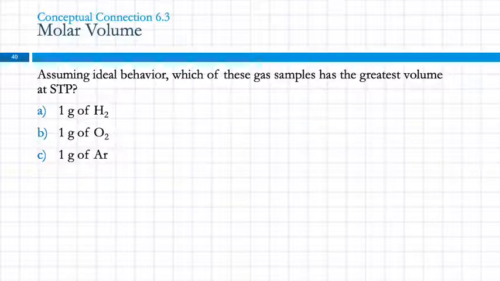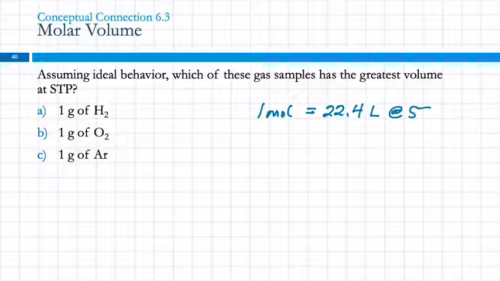Assuming ideal behavior, which of these gas samples has the greatest volume at STP? So we just learned that 1 mole has a volume of 22.4 liters at STP. But this is giving us grams.